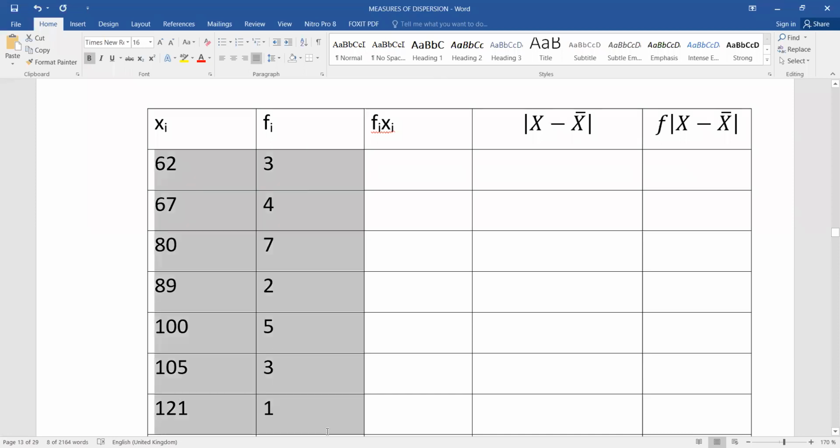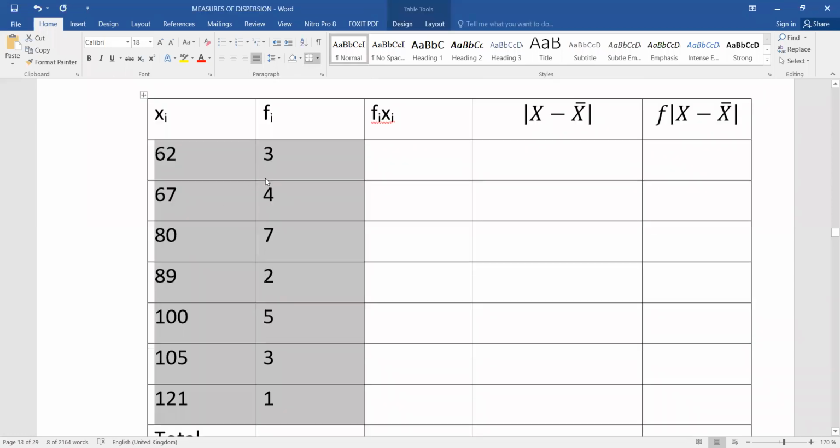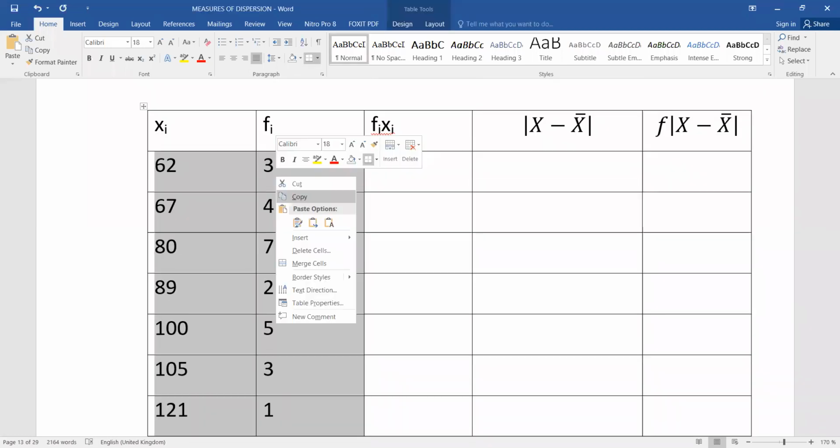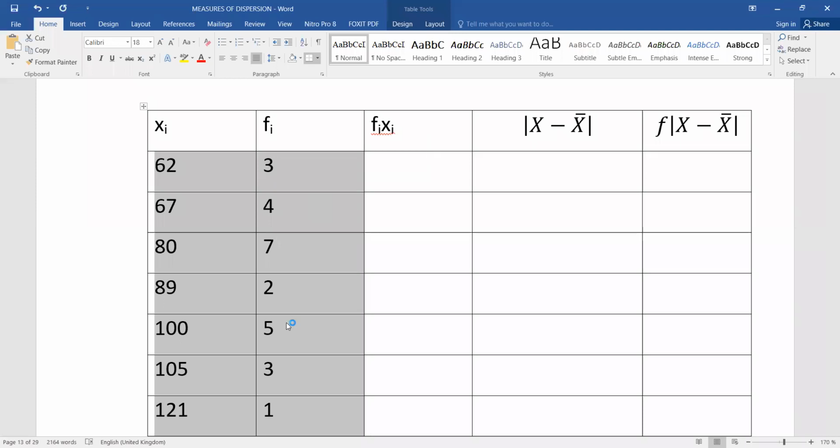So the first thing we're going to do is to get the mean. And the mean is gotten by multiplying f by x. So quickly get me the product.